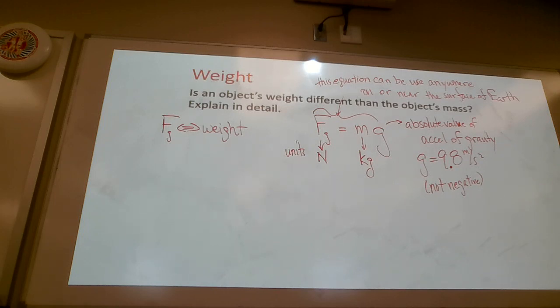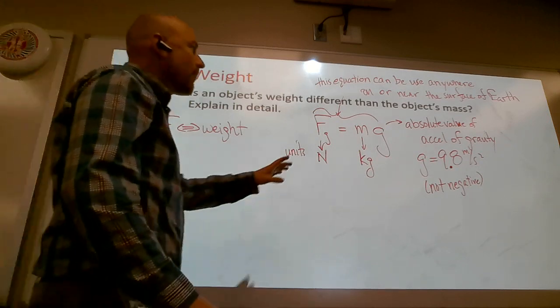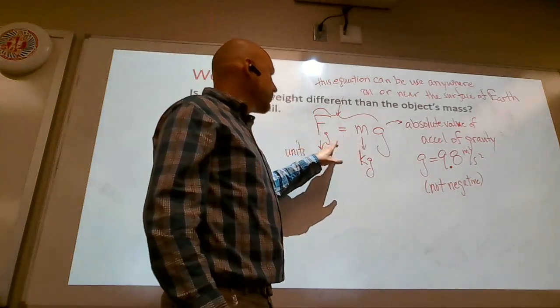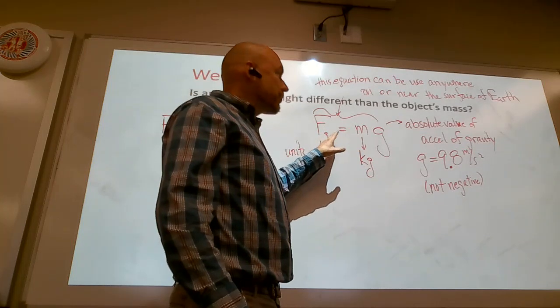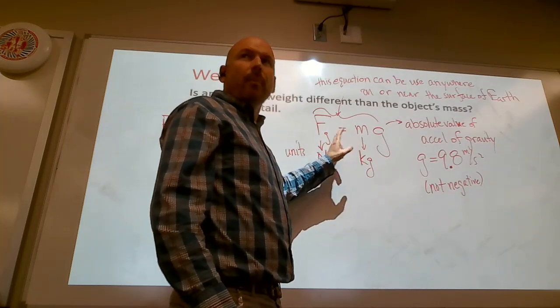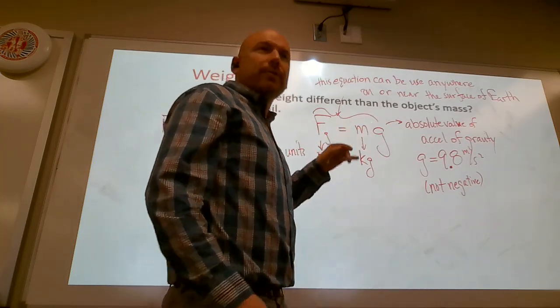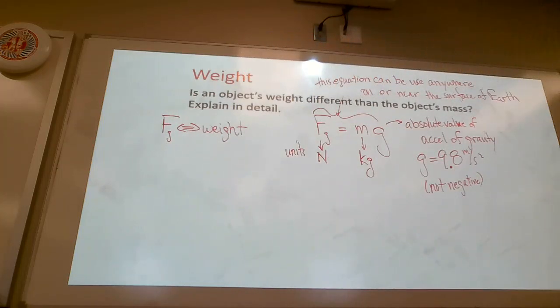So again, this is the equation. If I give you kilograms and you're trying to find force of gravity, or I give you newtons and you're trying to find mass, this is the conversion factor between the two. You do not need to be in free fall. It's just g, just a number, a conversion factor.